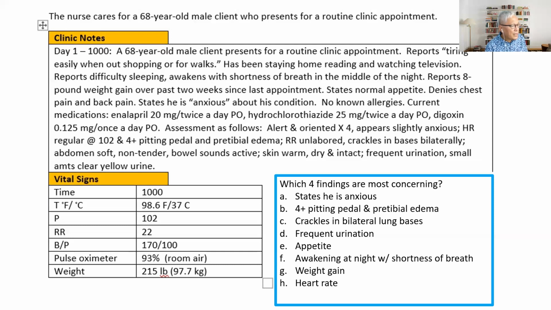Which 4 findings are most concerning? Let's see. Okay, so which 4 findings are going to be most concerning? Anxious. Is that going to be a top one?